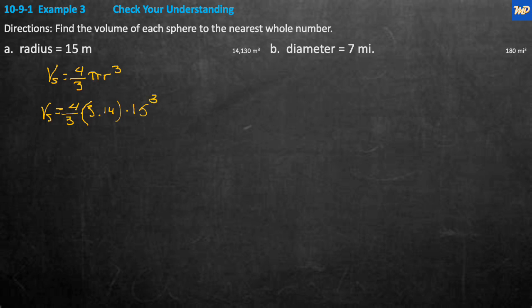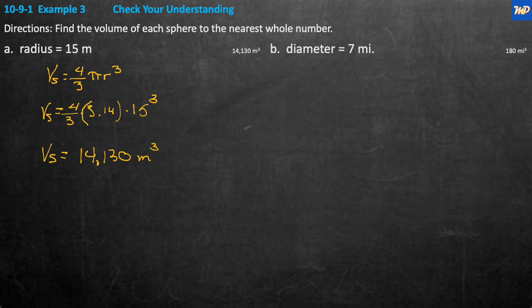So if we take our calculator and run it out, I don't have a calculator handy. I've already done the math. We know that the volume of the sphere is equal to 14,130 meters cubed.